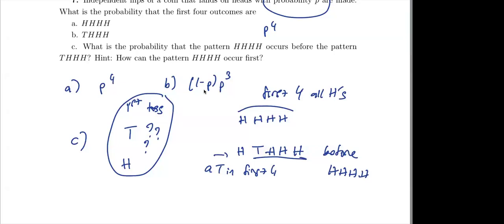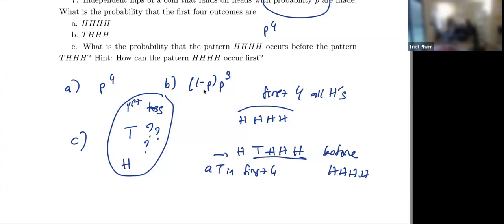Can you formulate the exact reason it's p to the fourth again? Yeah. So the idea is the event that head, head, head, head, this pattern, comes before tail, head. Notice this is a pattern that can come anywhere in the sequence.